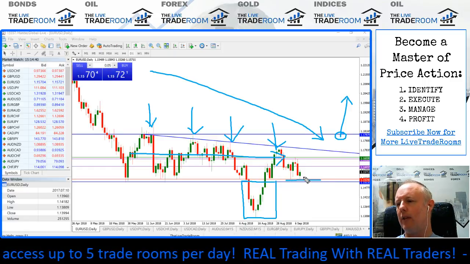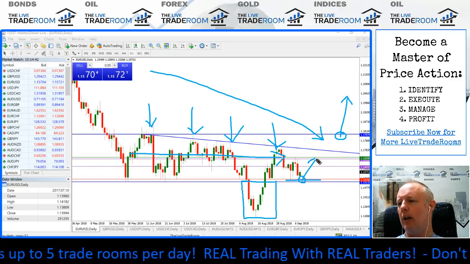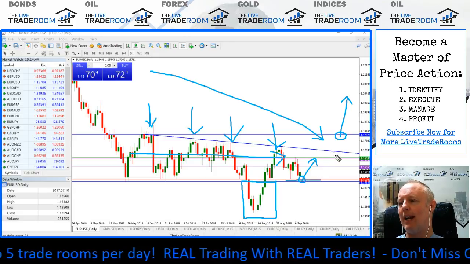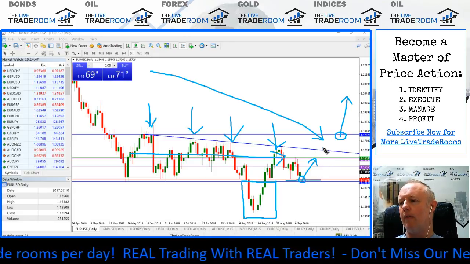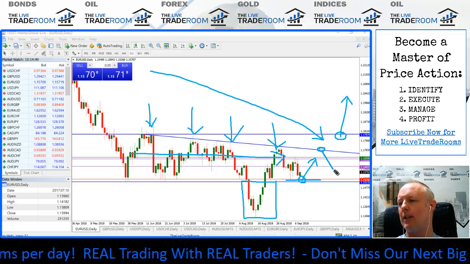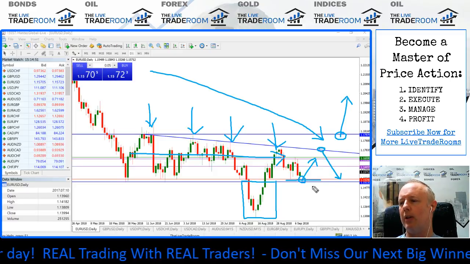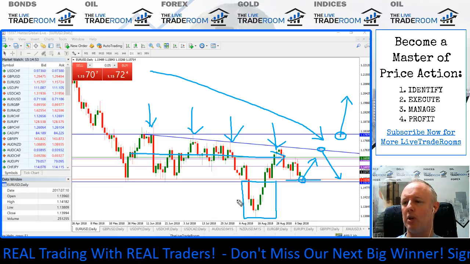So yes, there are opportunities to look to buy at these levels, but you're running into levels of resistance. Very likely to get a move up to these kinds of levels, and maybe then opportunities for this market to push lower.